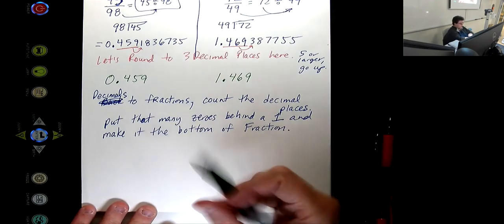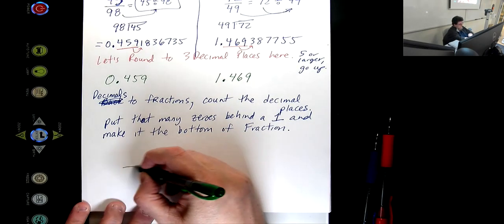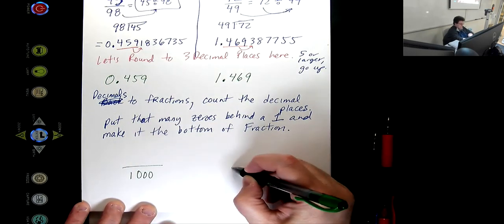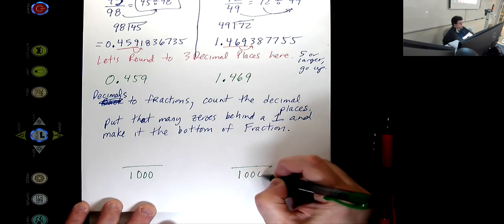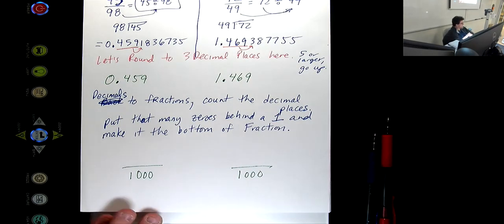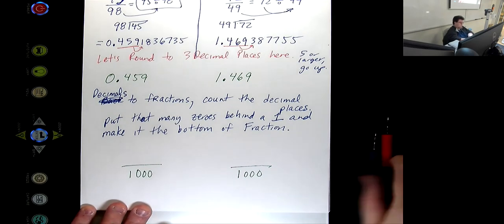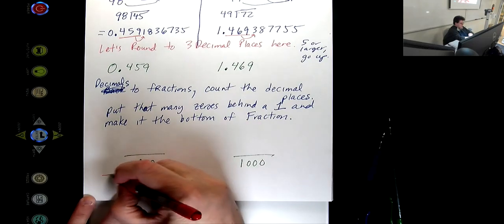In both of these cases, there were 3 decimal places. So I'm going to put 3 zeros behind a 1, and I'm going to make that the bottom of the fraction. Then just put the number on top without the decimal.